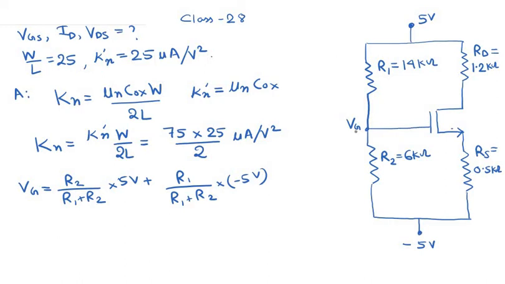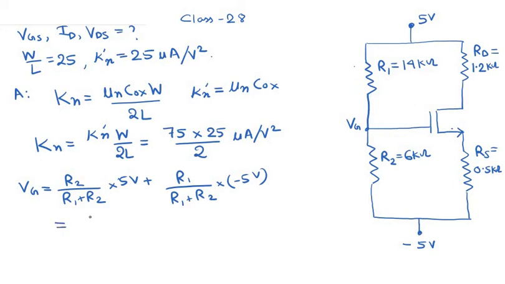If you do not know what this theorem is, you can still calculate the voltage Vg. You have to calculate the current. So the current is basically 5 minus of minus 5, that is 10, divided by R1 plus R2, and once you find the current, you can also find the voltage at this point Vg. Okay, that is the normal way. So here I am using the superposition theorem.